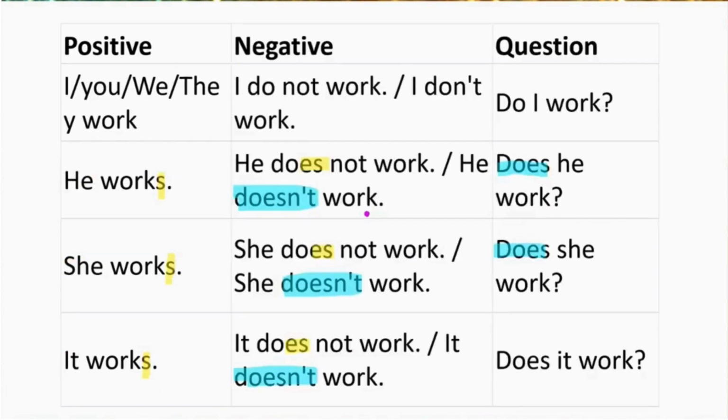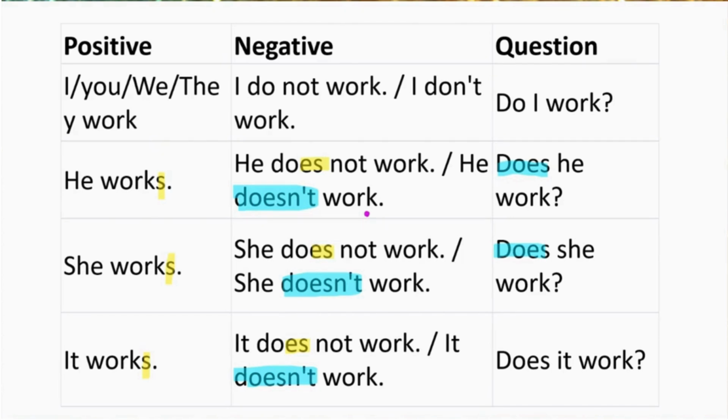Now, how to turn a positive sentence into negative or a question form if the subject is he, she, and it. We add es next to do and it becomes does. He does not work. And we reduce it like that. He doesn't work. She does not work. She doesn't work. It does not work. It doesn't work.